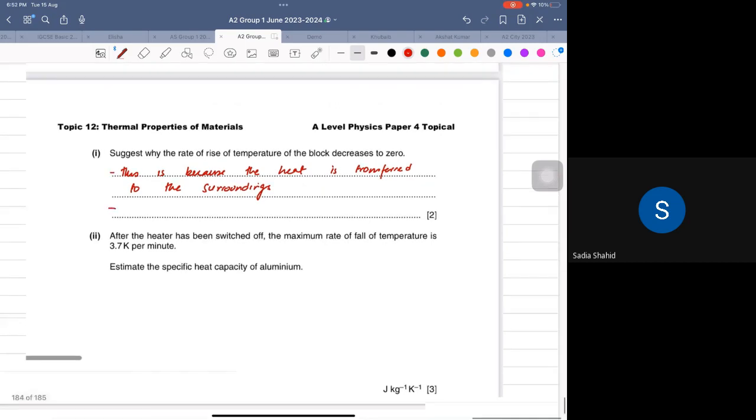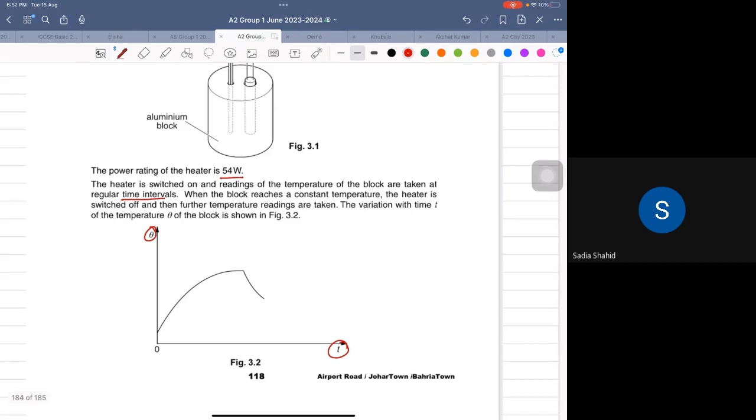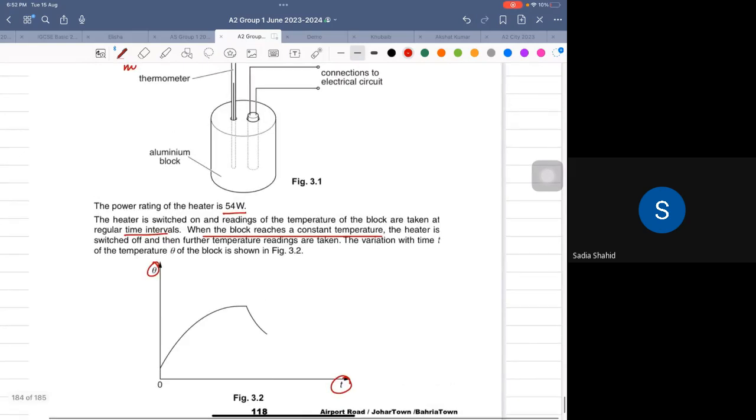And then they say in the text they've written, we wait when the temperature is constant. So when the block reaches constant temperature, how can temperature be constant? Temperature can only be constant when the heat that is coming in is also going out. So then the temperature will not rise.